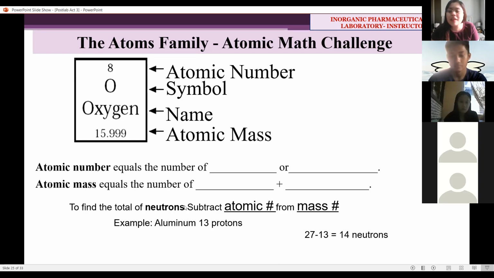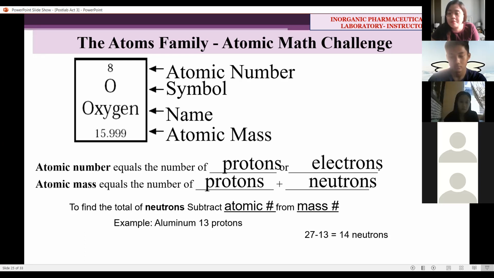Okay? So the atomic number represents the number of protons. But if the element has no charge, the number of electrons is the same. And the atomic mass equals protons plus neutrons; we add them. Therefore, if you are asked about the number of neutrons, we just subtract the atomic number from the atomic mass.